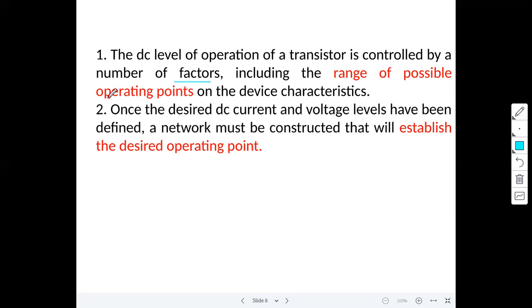The important factor is the operating points on the device characteristics. Once the desired DC current or voltage levels have been defined, we can easily design the transistor amplifier that will establish the desired operating point.